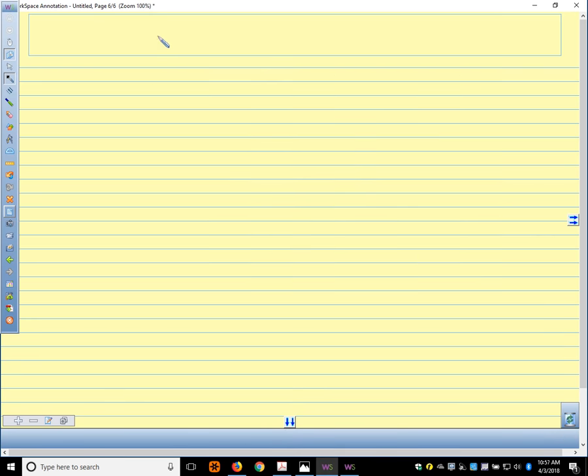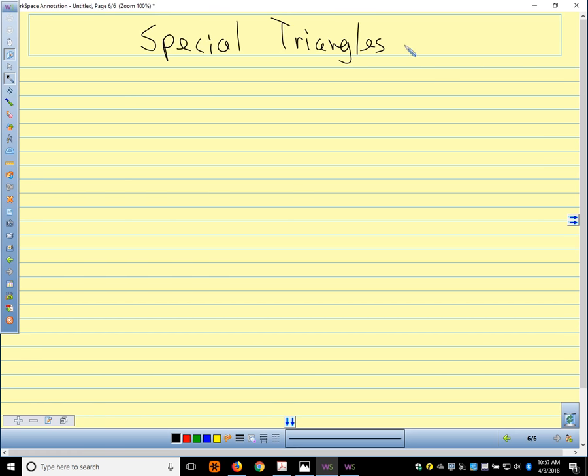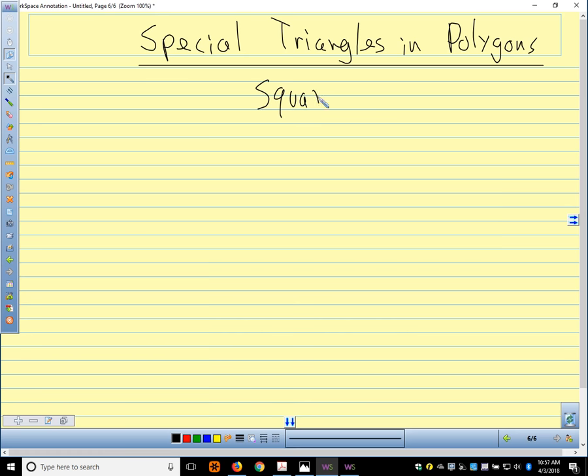All right, let's talk about special triangles in polygons. So there are a few kinds of polygons that are going to end up having special triangles in them. First one is a square. I'm going to draw two squares here.